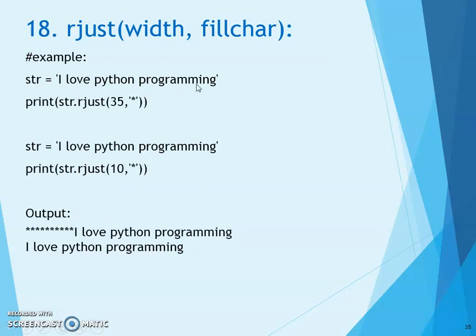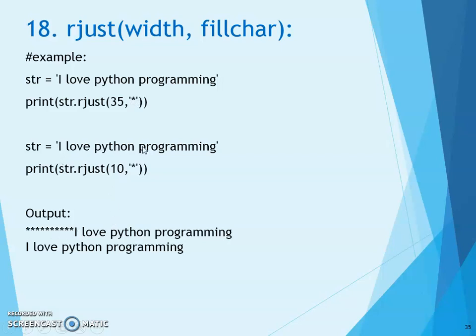I love Python programming, and width is given as 35, and the fill character used is a star. So it will be converted into a right justified string, and on the left hand side where the space is coming, at that place the fill character, this star, will be filled here.